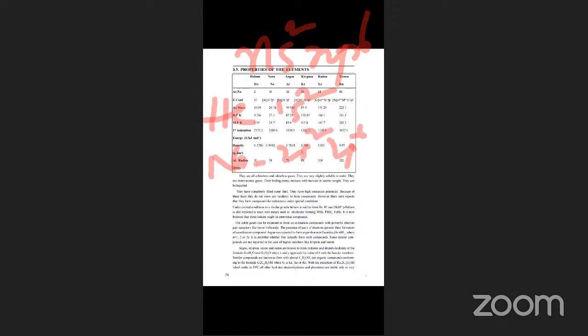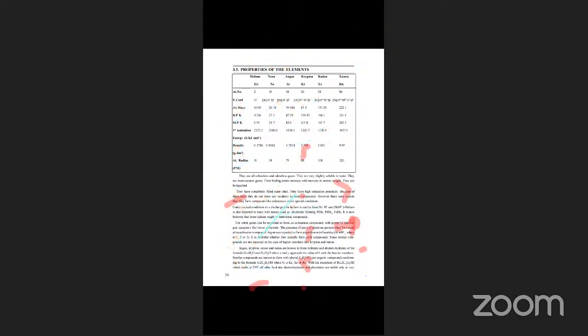Argon 3s2, 3p6. Krypton 4s2, 4p6. Xenon 5s2, 5p6. Radon 6s2, 6p6. The outermost electronic configuration for every zero group element is ns2, np6.